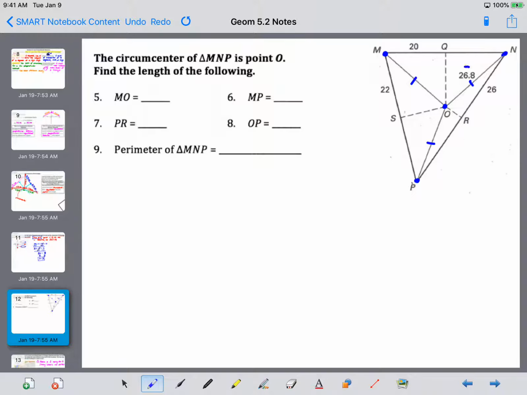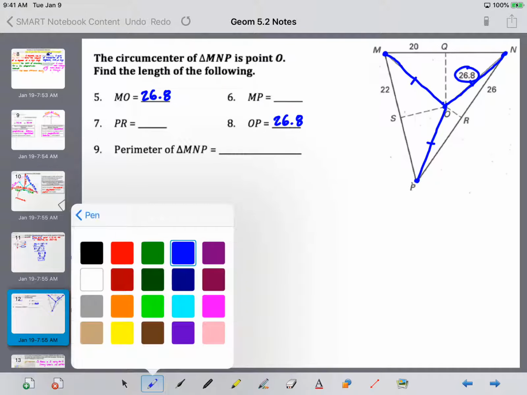Well, they told us that ON was 26.8. So OM also has to be 26.8. All right, and I'm actually going to skip ahead to OP because that also has to be 26.8. So these three segments are all 26.8.